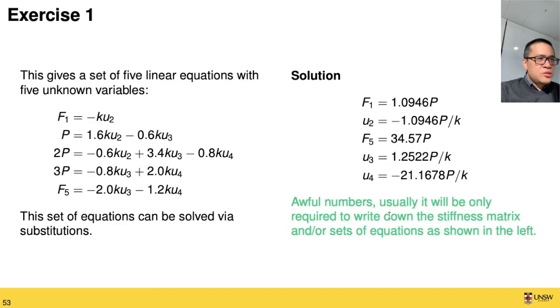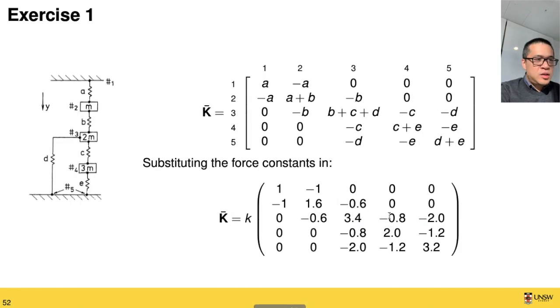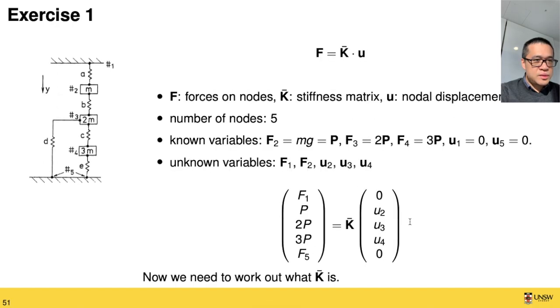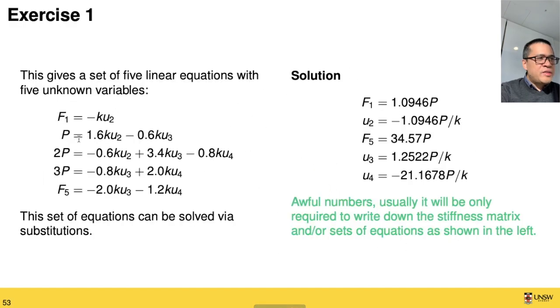And what you're going to do is essentially plug this matrix back into this equation. And that gives us 5 linear equations with 5 unknown variables, which we can solve. Right? If you forgot how to solve matrix equations with linear algebra, you can always solve these equations using substitution.